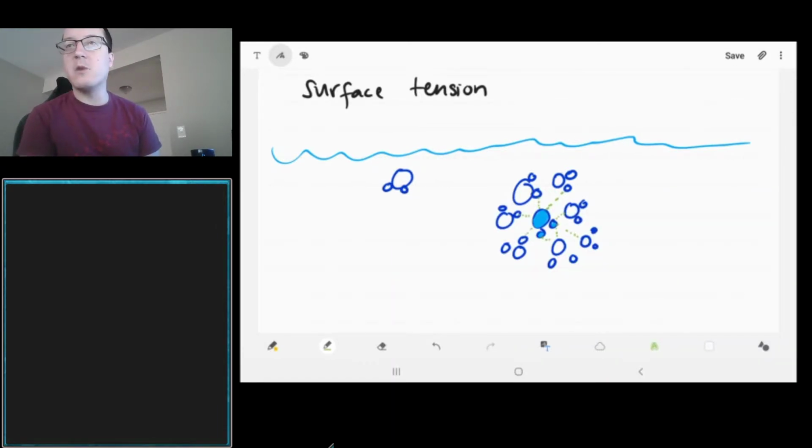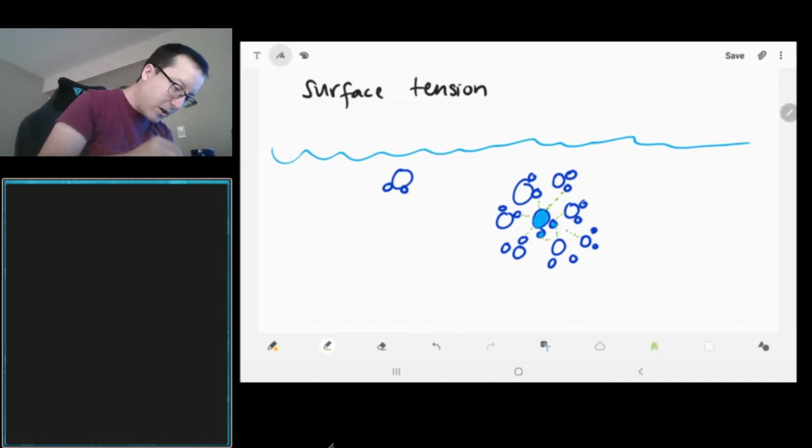So that water molecule is seeing all the other molecules around it, and so it's being attracted in all these different directions. It's like, hey, molecule up there to my top left, I want to be with you. Oh, but look, molecule to my bottom left, I want to be with you too. And the one on the right, I want that one. So it's attracted to all the water molecules around it in a circular manner.